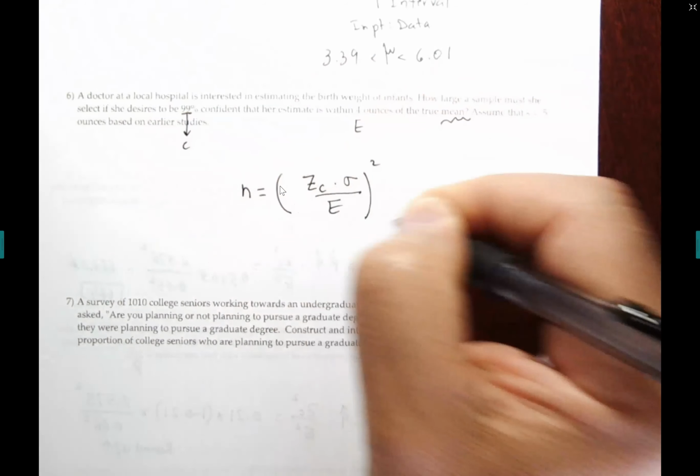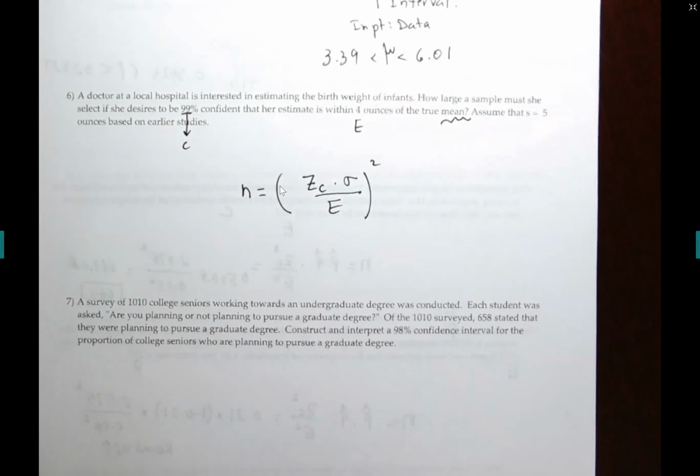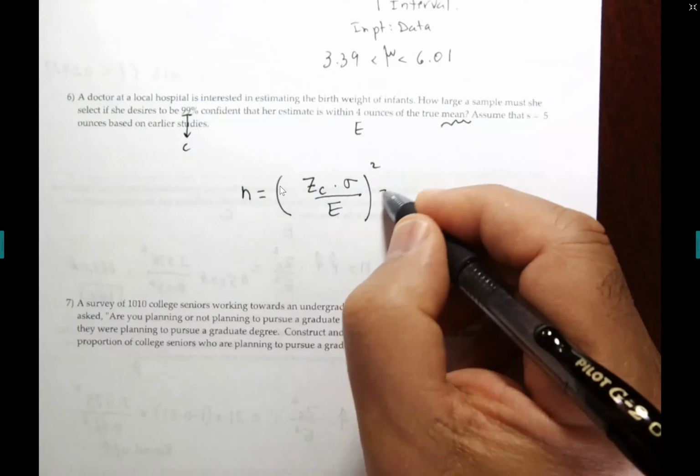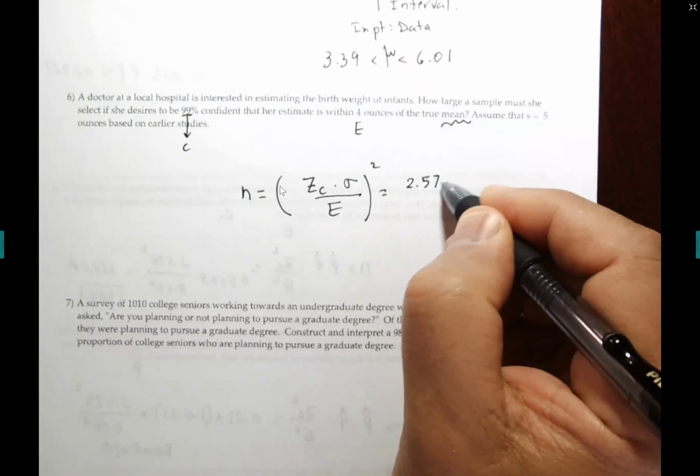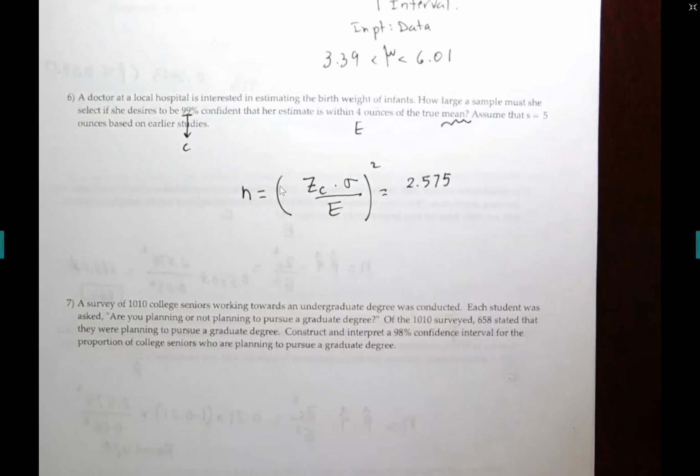When it is a proportion, we use the one that has a p hat, q hat in it. But when it is a mean, we use this formula. Okay, what is ZC? 99%. As you should know by now, I used it already 4 times today, so it's 2.575.